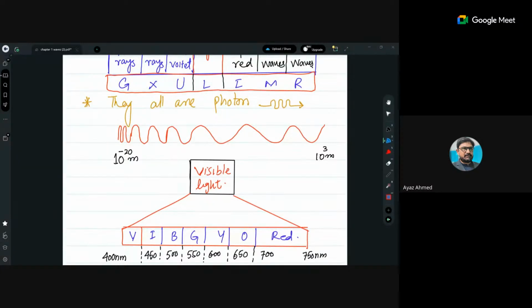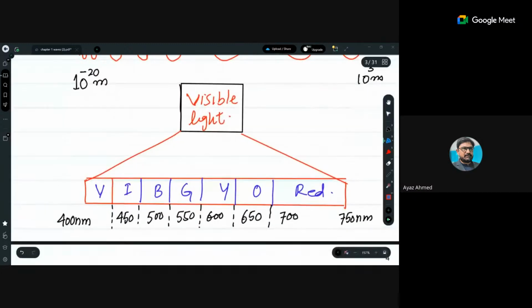Is my voice lagging or is it fine? It's lagging a bit. Now is it clear? A bit, yeah. Okay. If you get any problem in the voice, you can tell me in time.